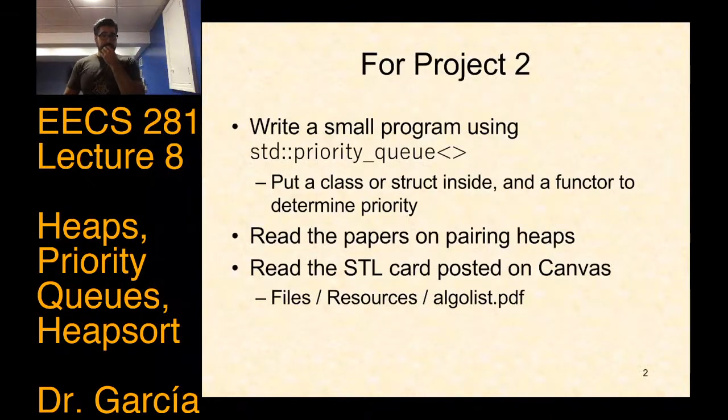But not only will you be implementing the stuff in today's lecture, take a look at the spec whenever it's available. You will be implementing, like I said, different types of priority queues or different implementations of priority queues. One of those being a pairing heap, which we actually don't discuss in lecture. So you want to jump ahead and start reading the papers on pairing heaps.